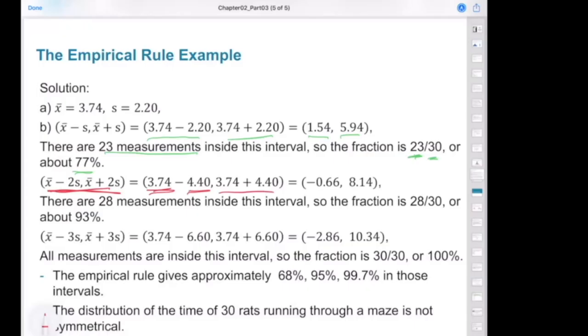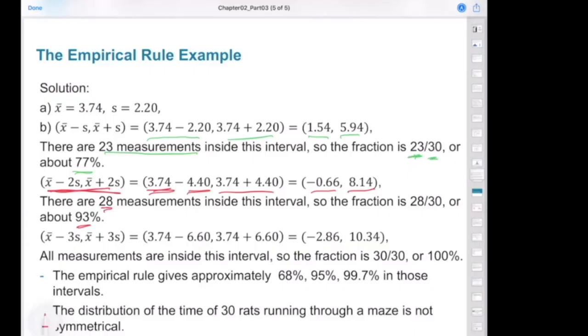So the range is from negative 0.66 to 8.14. Again, count how many numbers in our data are within this range. You will find 28 numbers. Divide it by the total, 30, and multiply by 100. So you will have 93%.